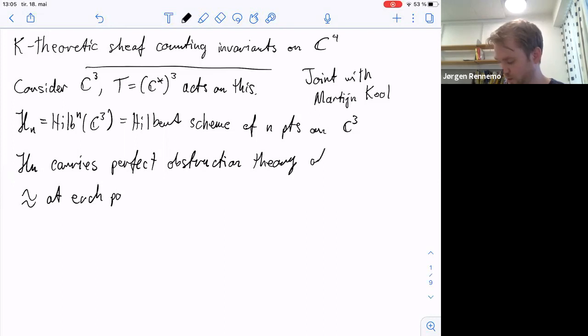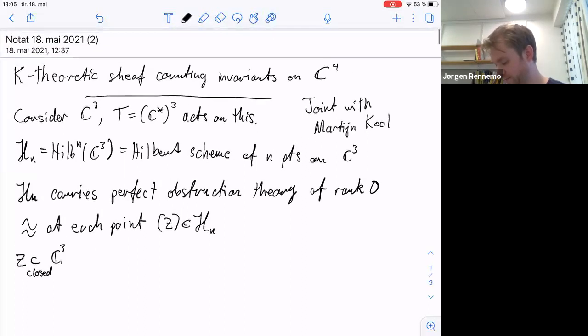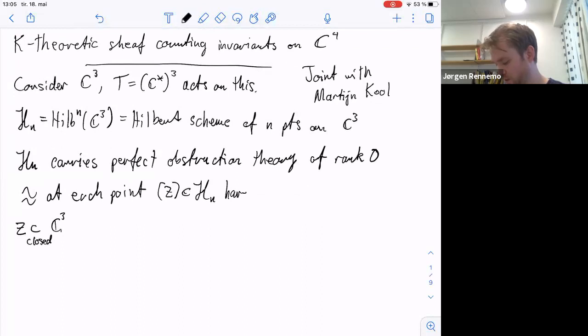So it's a perfect obstruction theory of rank 0, and that means at each point Z in this Hilbert scheme of n points, where we think of Z as a closed subscheme of C3, we have the tangent space of Z, which one can compute to be the first Ext group of the ideal sheaf of Z, and we have the obstruction space.